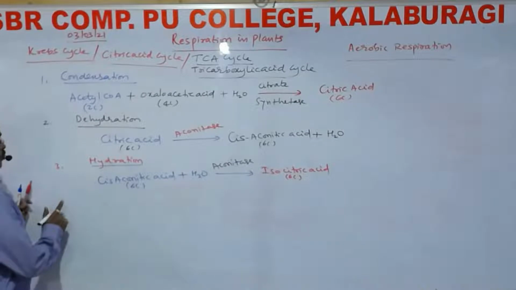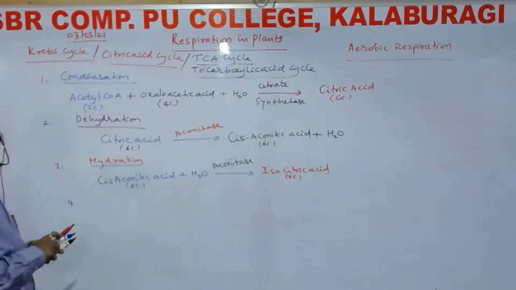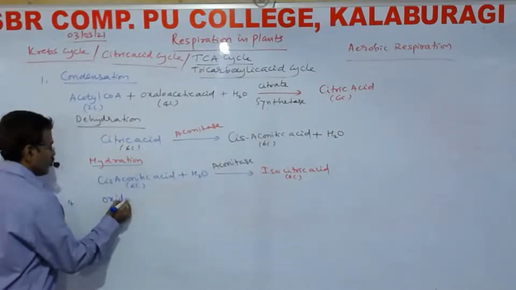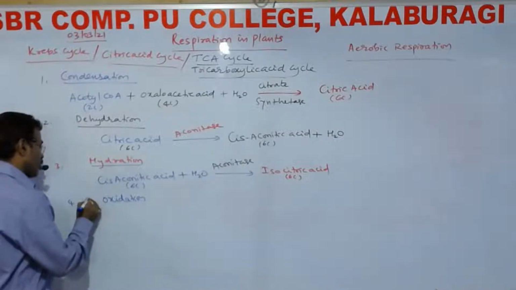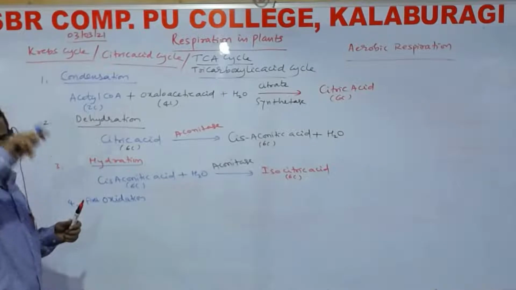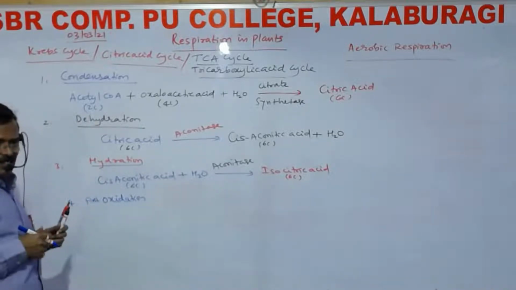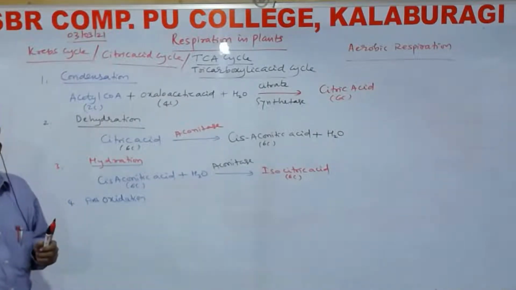Then the fourth step we have, it is oxidation. Number wise, it is first oxidation as far as the Krebs cycle is concerned. If you include the preparatory step, it is second oxidation, because in the preparatory step also one oxidation occurred.